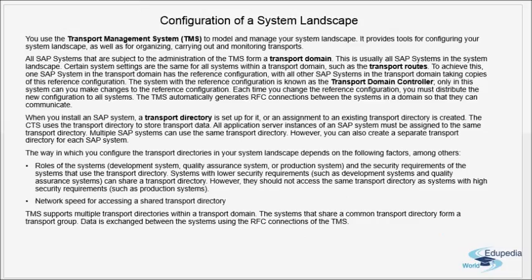So in this video we started with terminologies like what a transport domain and a transport route are. Every domain has one domain controller. The transport directory is where the actual data of the entire transports is stored at the OS level, and a transport group is the systems sharing a common transport directory.